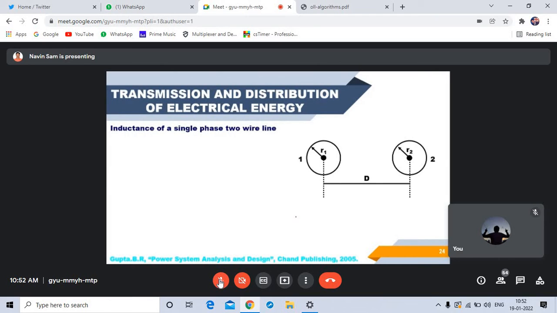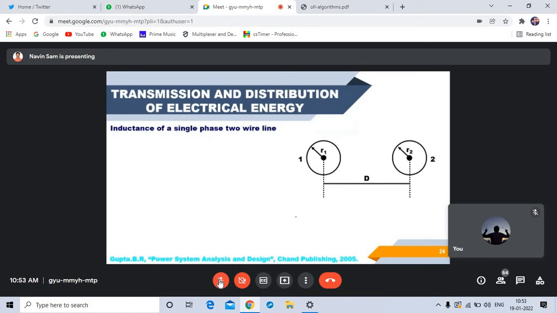Right? So now we have 2 conductors. Am I correct? So conductor number 1 and conductor number 2. So let me assume that the inductance of conductor 1 is L1. So the inductance of conductor 2 is L2. Right?